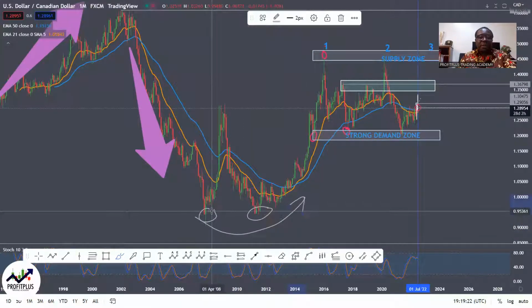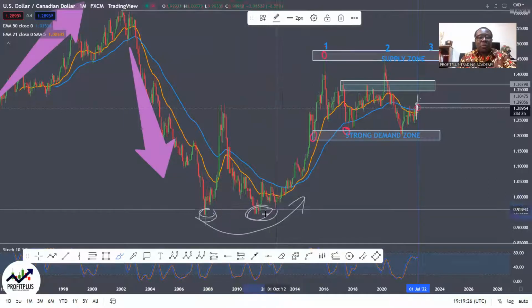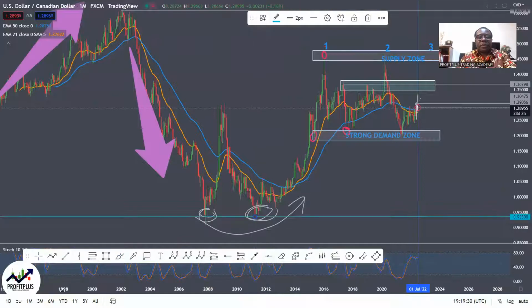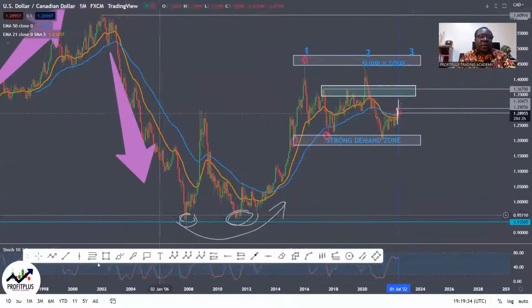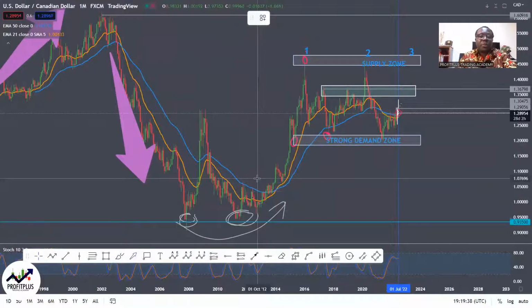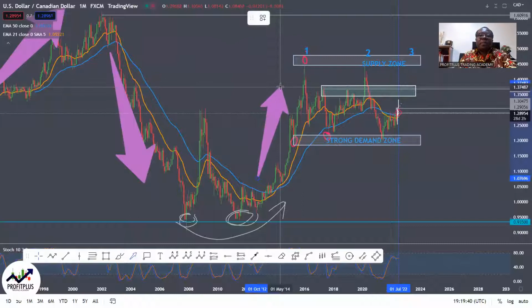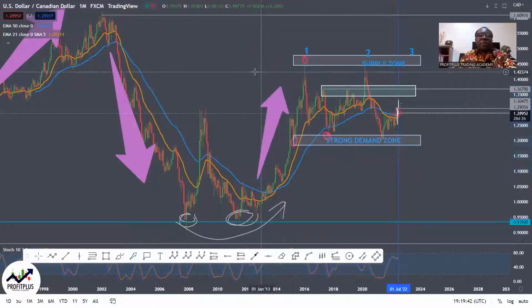It made this low here, and then another equal low right here. So we can put some line here. Again, after hitting these equal lows, the market pushed up again, making another bullish impulse.